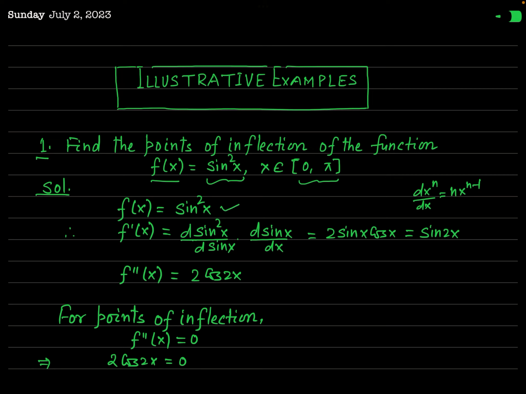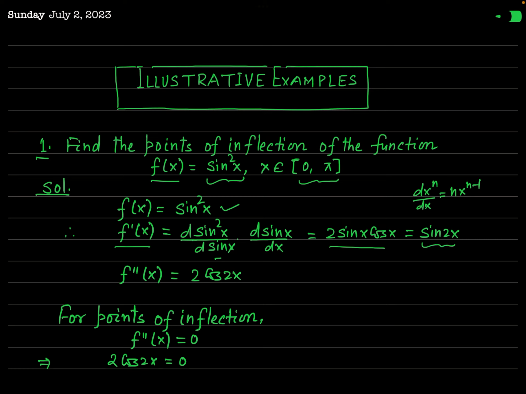Now to find the point of inflection, you have to find the second order derivative of this function first of all. So we will first find the first order derivative. This is f dash of x, and this will be d sine square by d sine into d sine by dx, because sine square x is a function of function, so it can be differentiated by following the chain rule, and this will be 2 sine x cos x, that is sine 2x.